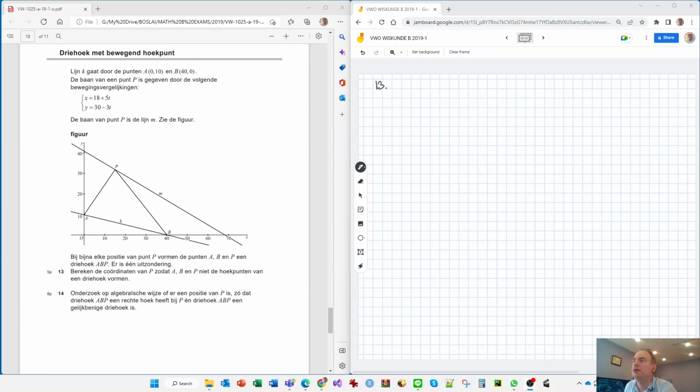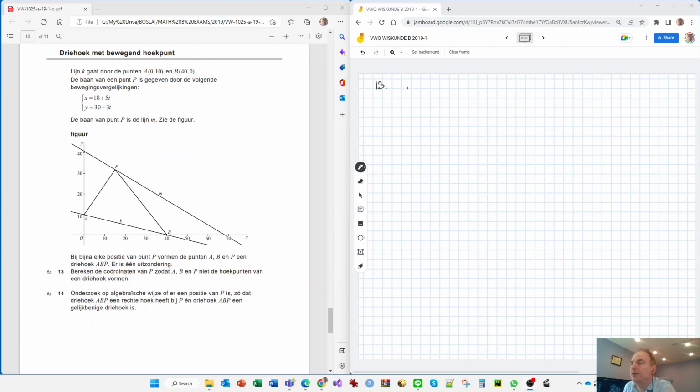Okay, question 13. We have a line k going through these 2 points A and B. There it is. And a curve given by this parametric equation describing a point P moving along it. That curve is a line m, actually. For almost every position of P, these three are a triangle.